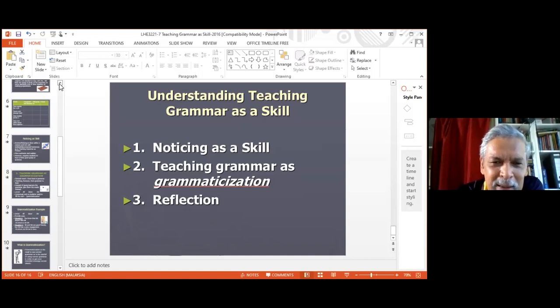Is this how I should do it? So we need to get them to let go, and teaching grammar as skill is something we can emphasize. This can be done concurrently with teaching grammar as process and as product.